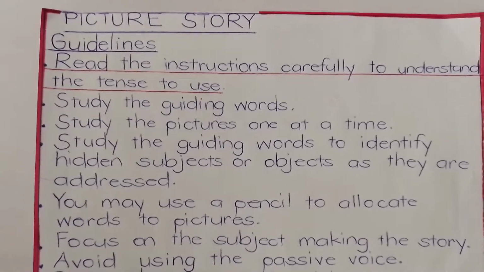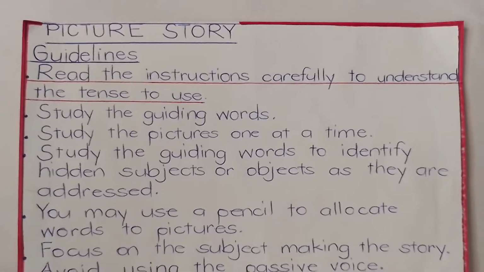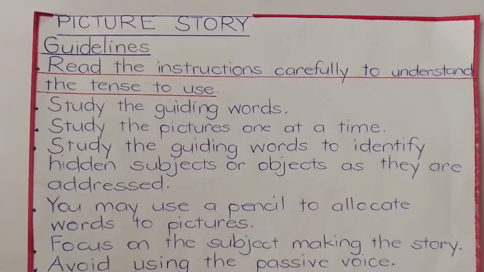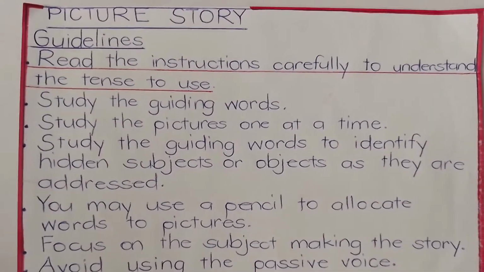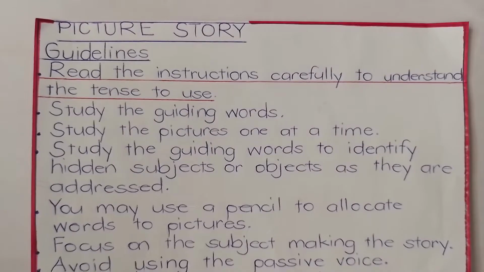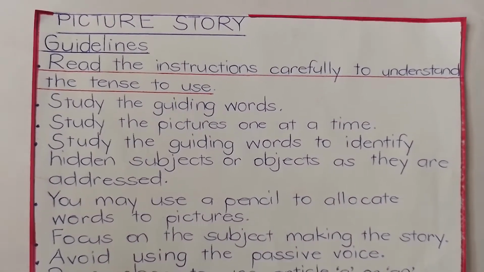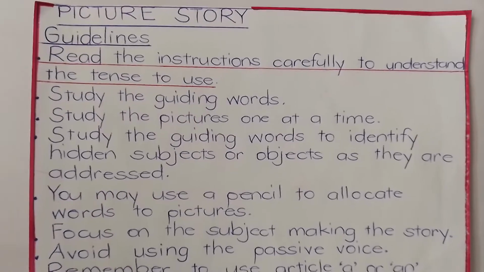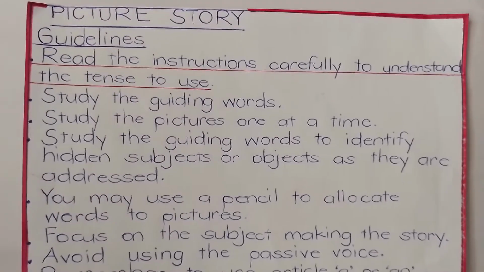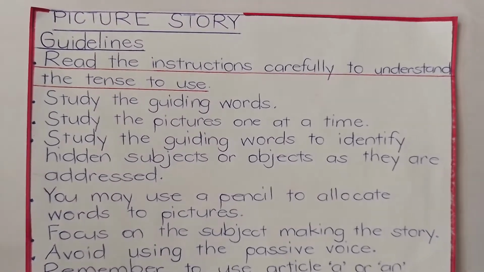Let's take a look. So when we are given a picture composition, we have to follow these guidelines. 1. Read the instructions carefully in order to understand the tense which you are supposed to use.